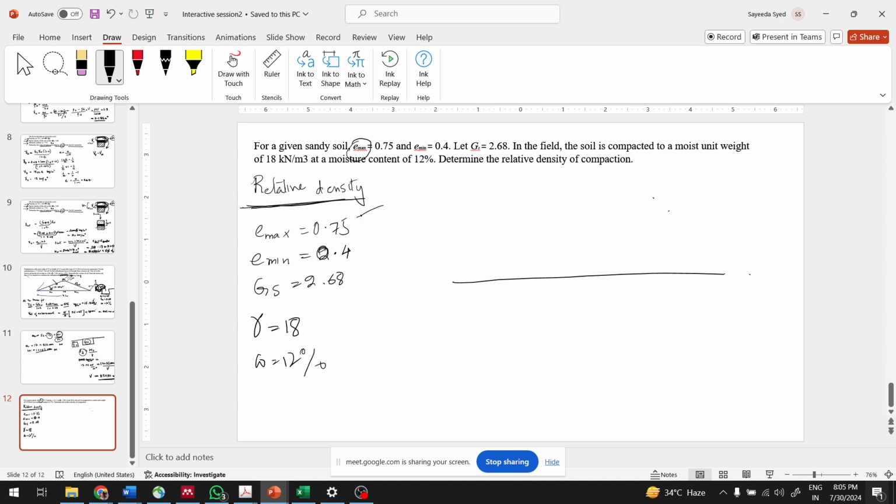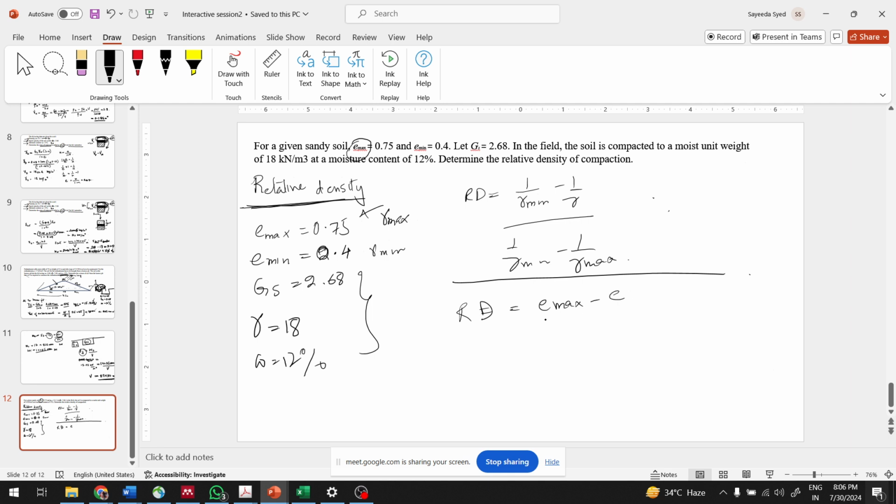Either we calculate gamma maximum and gamma minimum and use them in the formula: relative density equals 1 by gamma minimum minus 1 by gamma, divided by 1 by gamma minimum minus 1 by gamma maximum. Or we can use the formula relative density equals E max minus E over E max minus E minimum, for which we calculate E from here. Let's do this part.